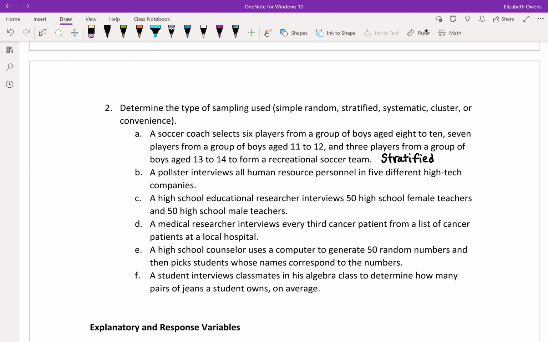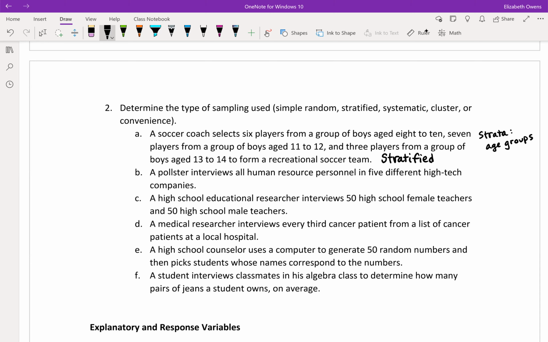And then he's not taking the full group, he's just picking a certain number from each group. So that's why we choose stratified instead of cluster. You could make yourself a little note here if you'd like that the strata were created by age. Okay, strata are the age groups.